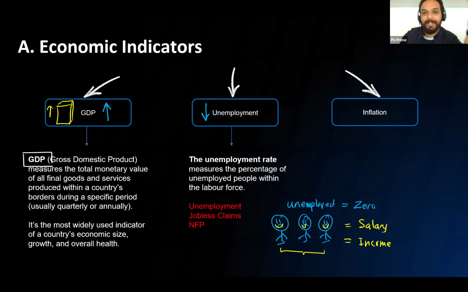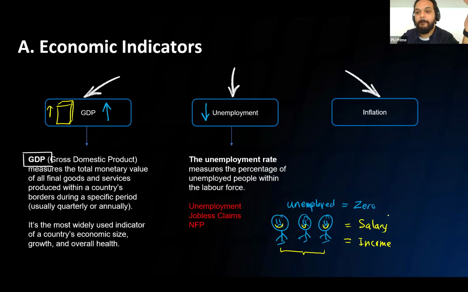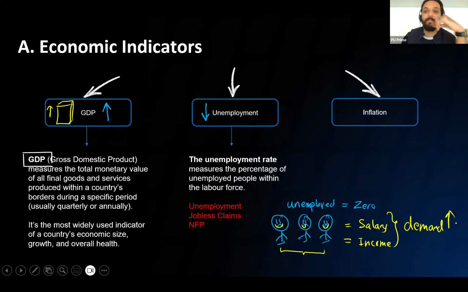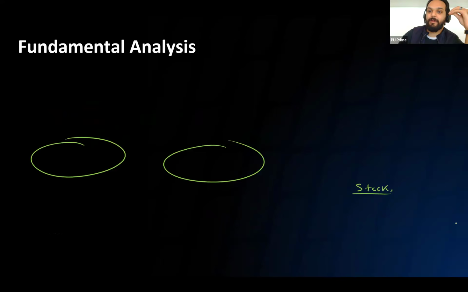So when he spends this money, this means that the demand on goods and services is going to increase. Demanding, demanding, demanding. Let's look again at the example that we just spoke about.